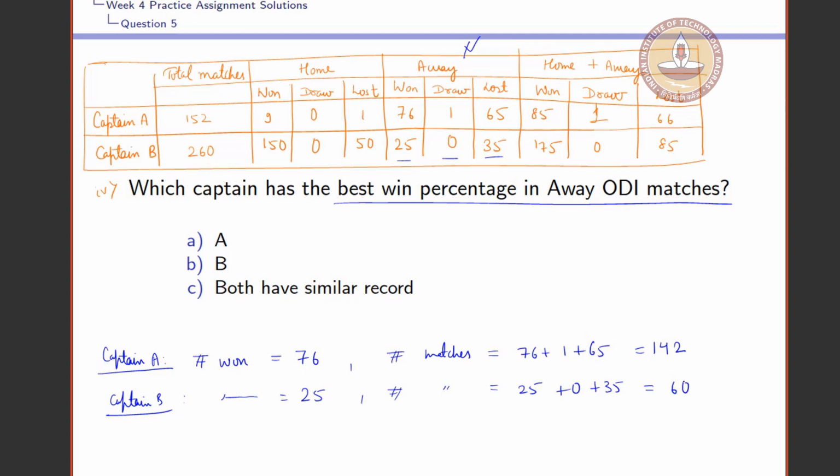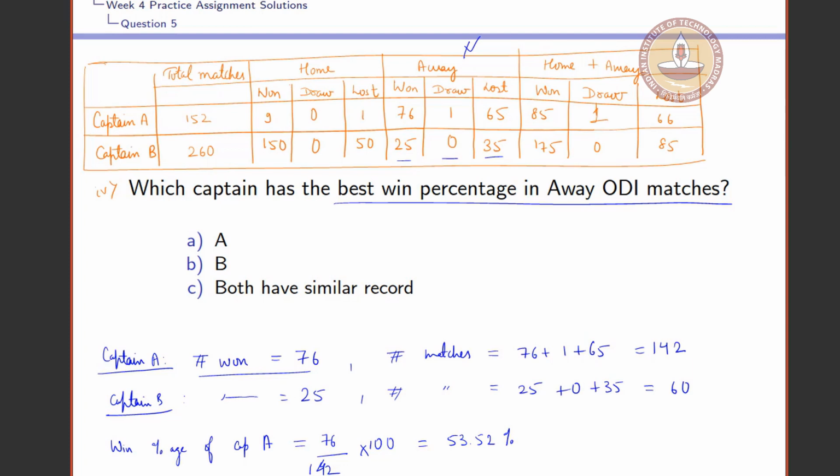Now let's calculate the winning percentage of Captain A in away ODI matches. It is equal to the number of matches won by Captain A, that is 76, over the number of matches played by Captain A, that is 142, into 100. So this will turn out to be 53.52%.